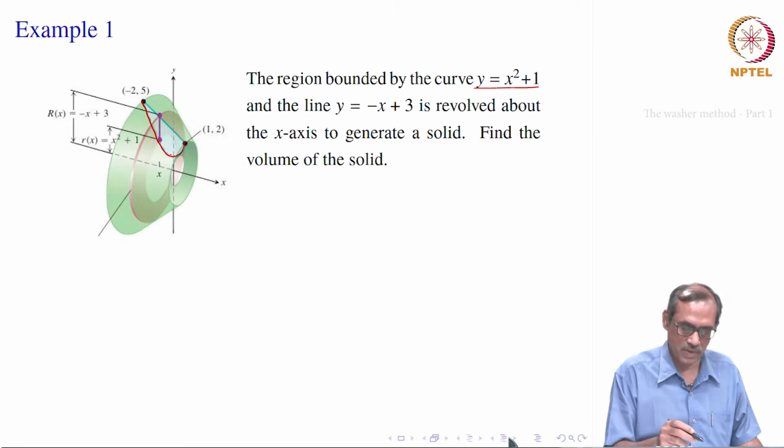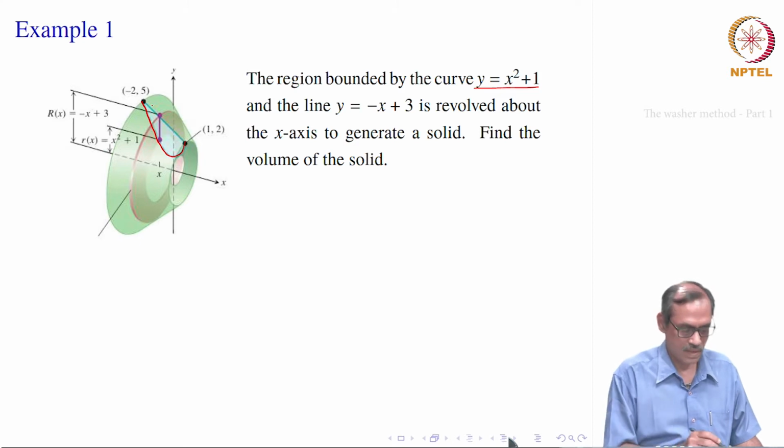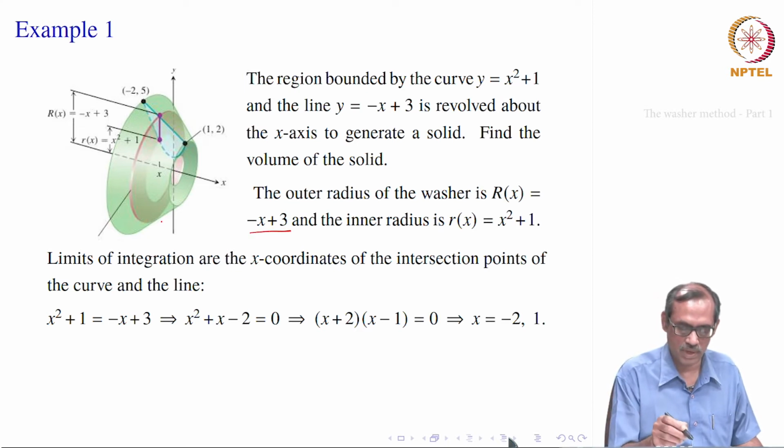As you see, we must first find capital R(x), then small r(x), and we should find the limits of the integration, which will come from the intersection points. So, let us look at it. The outer radius of the washer R(x) is minus x plus 3, is that right? Because this line is y equal to minus x plus 3.